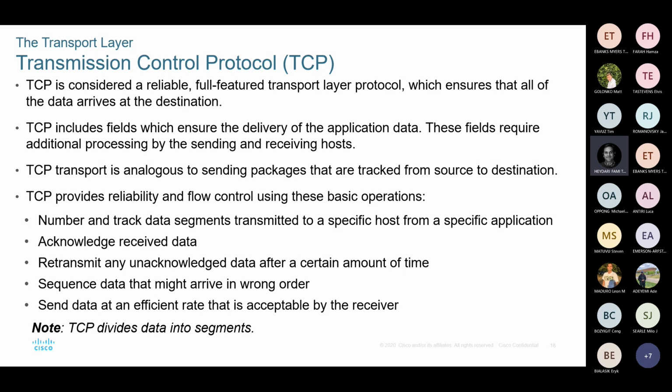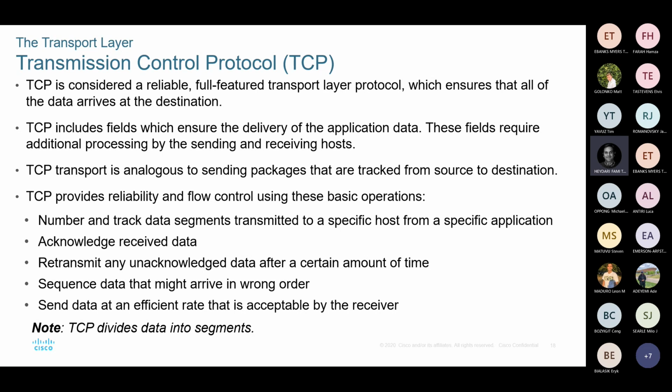So with flow control, for instance, the destination is going to tell the sender that you are speaking too slow or you are speaking too fast. Can you adjust your rate of sending segments? Once again, with flow control, the destination is going to tell the sender about the appropriate rate at which the speaker must speak.